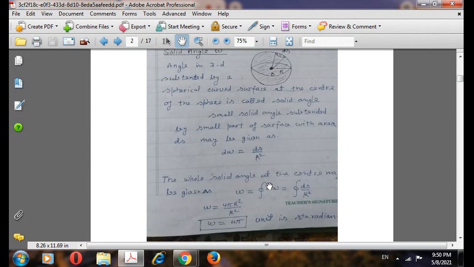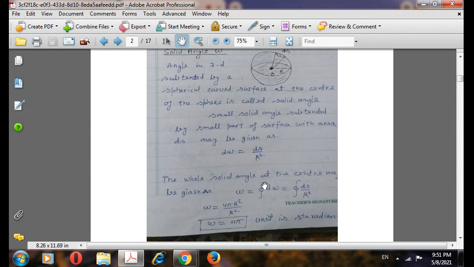is steradian. If you want to get the whole solid angle around a point, then you will take the whole area of the sphere. And you know very well the whole area of the sphere is 4 pi r square. When you divide it by r square, you get the whole solid angle around the point O, which is 4 pi steradian. Now this whole solid angle can also be expressed in terms of closed integration.